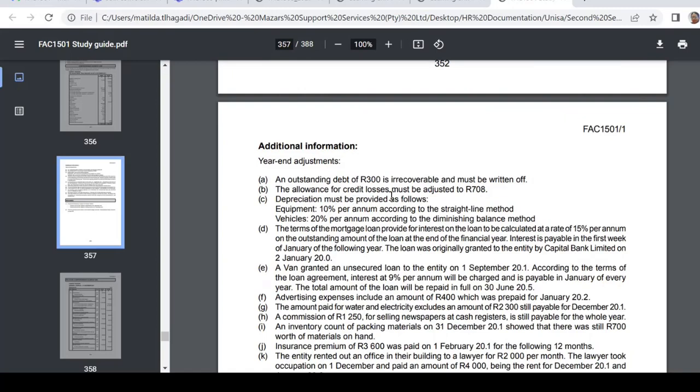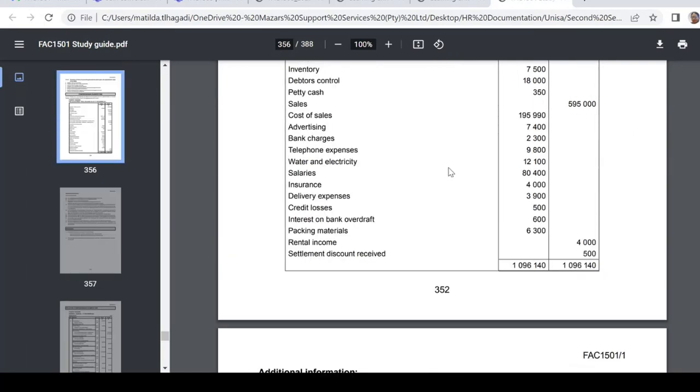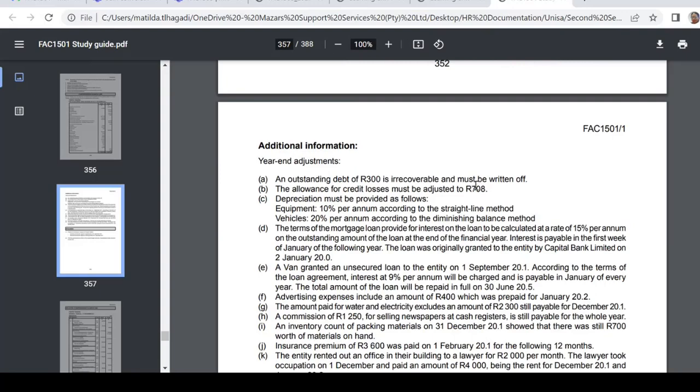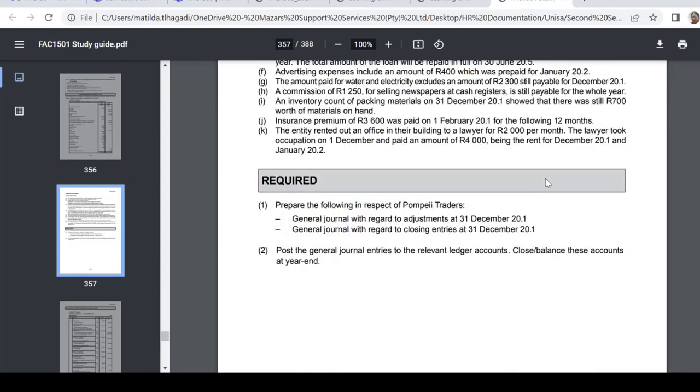The allowance for credit losses must be adjusted to 708. So let's see on the trial balance if there is an allowance for credit losses. The trial balance has 600, so we need to adjust that to 708. So how much must we adjust this by? 108.